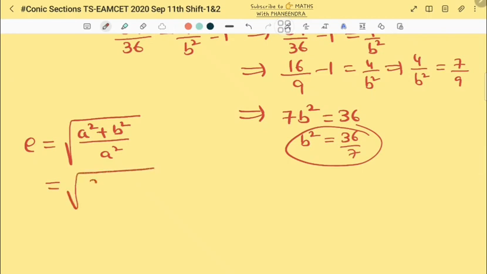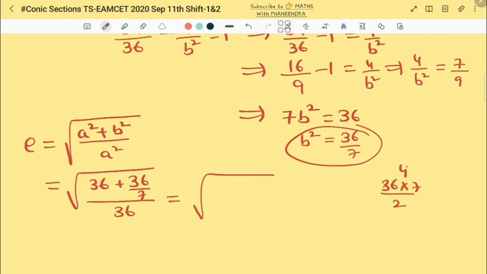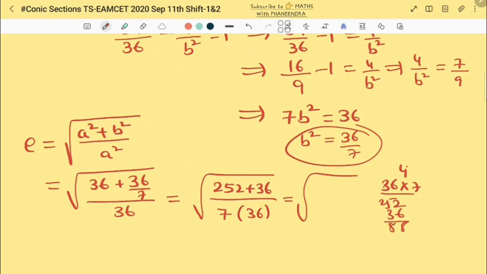Root over (36 plus 36 by 7) by 36. So root over 36 into 7 is 252, plus 36, by 7 into 36. So root over 288 divided by 7 into 36.